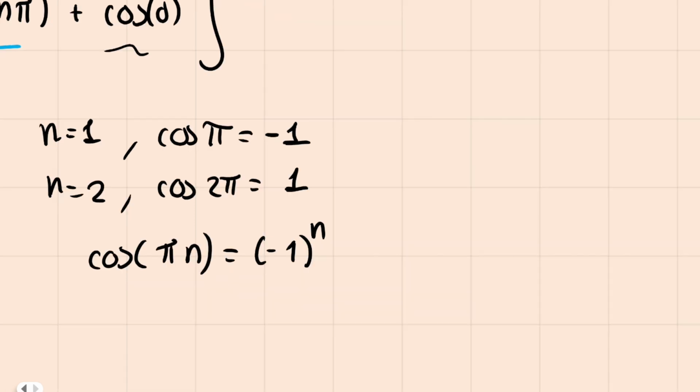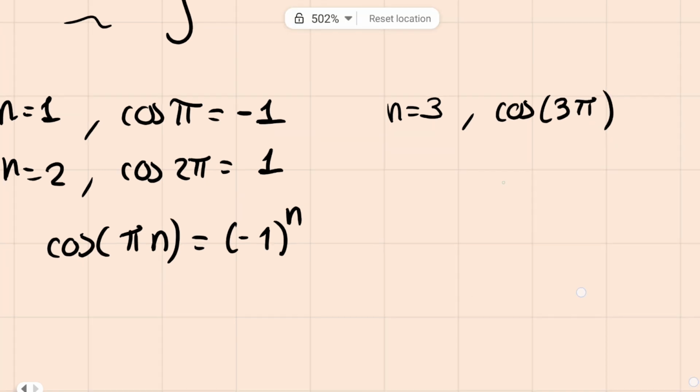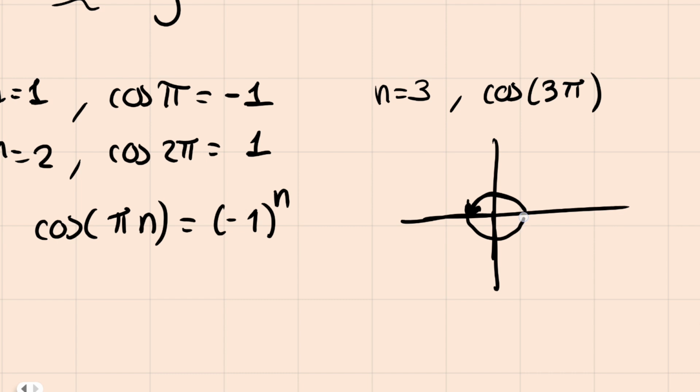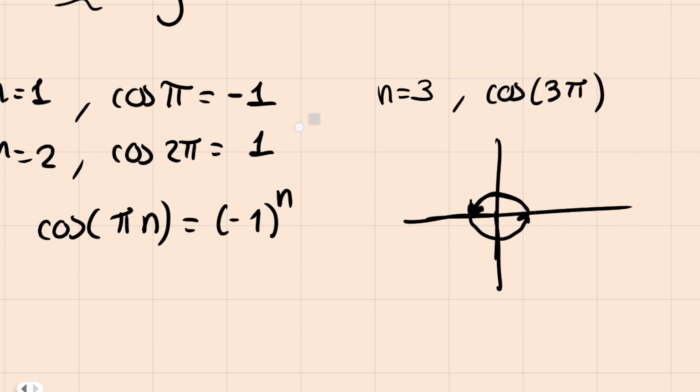Okay, if we want to calculate, for example, the n equals 3 term, this will be cosine of 3 pi. But remember that if we are in the plane here, cosine of pi is like calculating cosine of this angle over here, because this angle represents pi. So cosine of 2 pi is like calculating again cosine of 0, so that's why cosine of 2 pi is equal to 1.